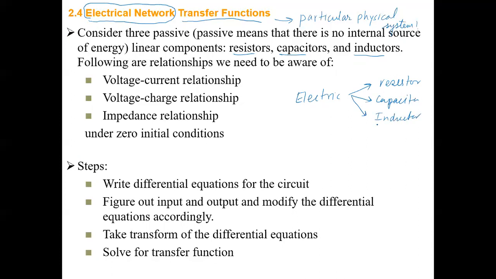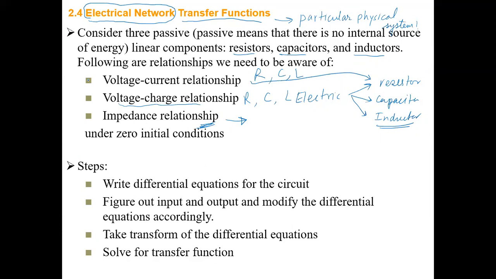These are the three basic ones. Now let's figure out the voltage current relationship in the case of resistor, capacitor, and inductor. Similarly, let's figure out the voltage charge relationship for each, then similarly the impedance relationship.